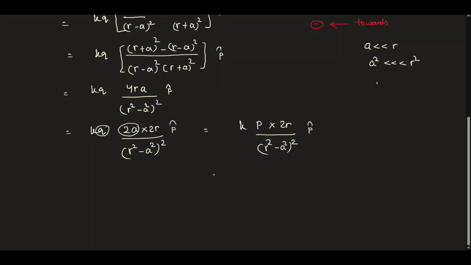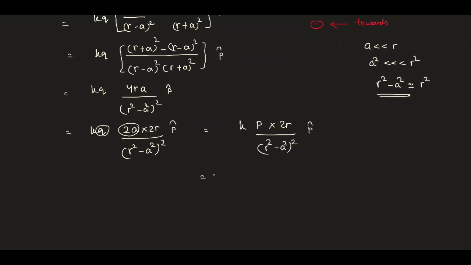So in that case, R square minus A square is approximately equal to R square, because R square is very large and A square is very small. If you subtract a very small quantity from a very large quantity, then the value remains almost the same. So R square minus A square is almost equal to R square.